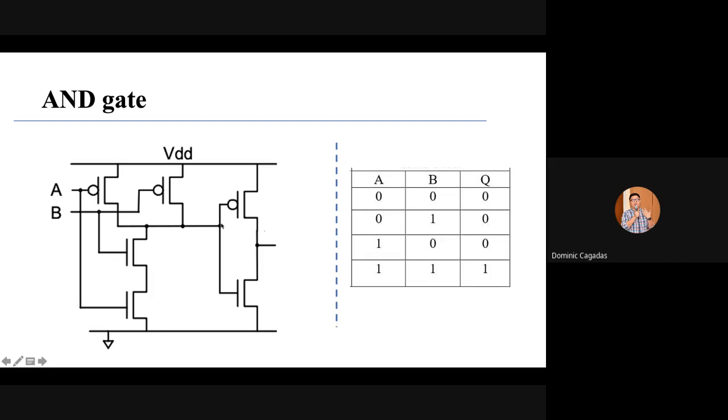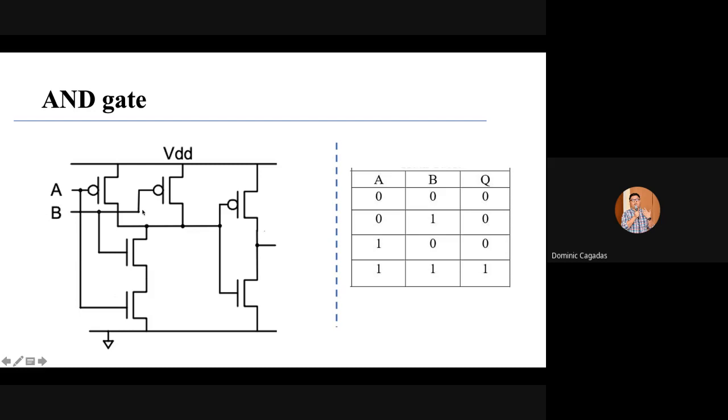Understood or confusing? Let me go back. Our inputs A and B are 0, low. Just look at the gate, and don't be confused about the input. The input of A is on the gate of this PMOS and the gate of this NMOS.